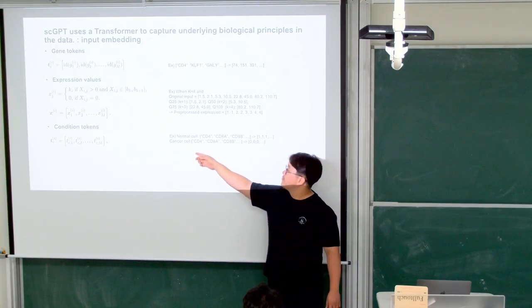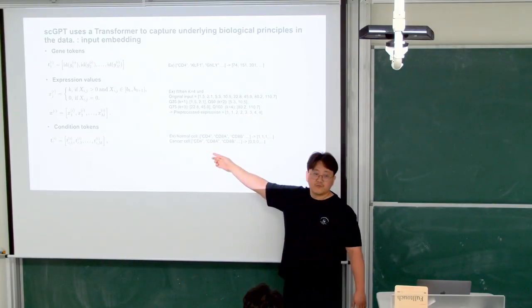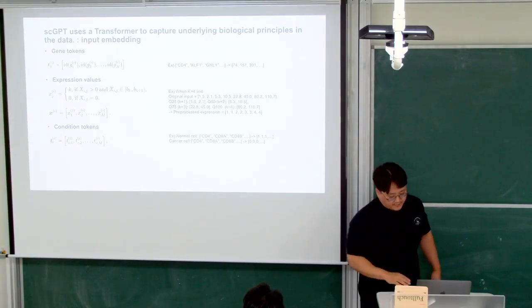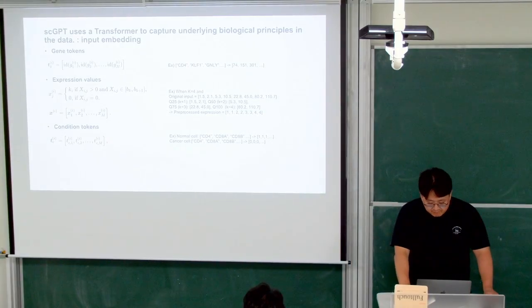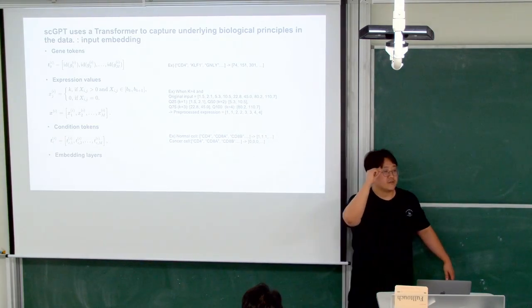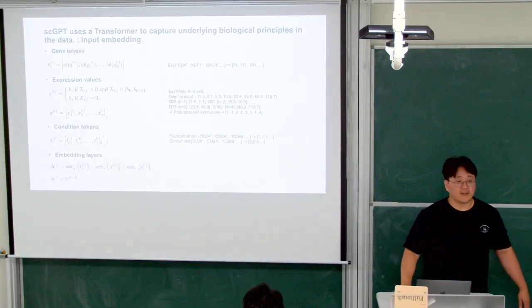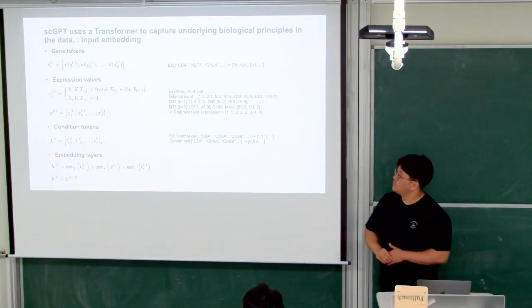If we have a cancer cell, then we can give a 0 to every gene. And then we will change each integer into a vector using the embedding layer.